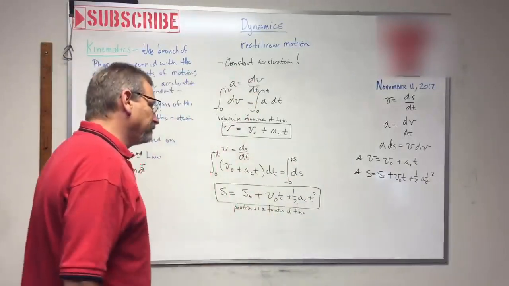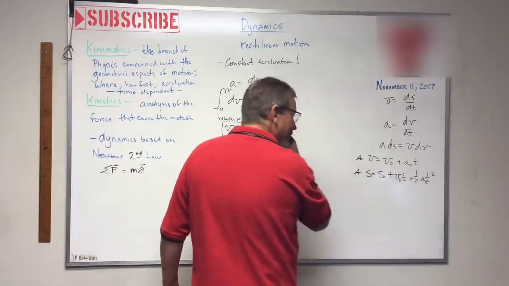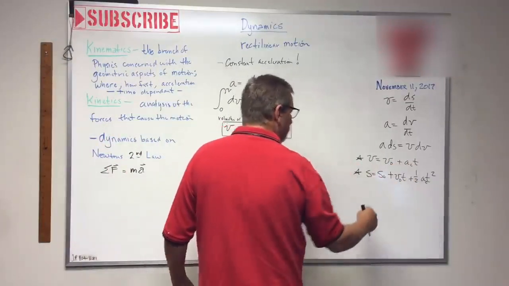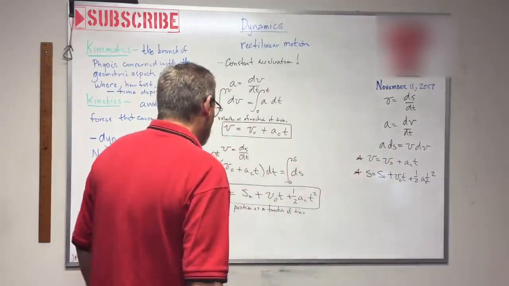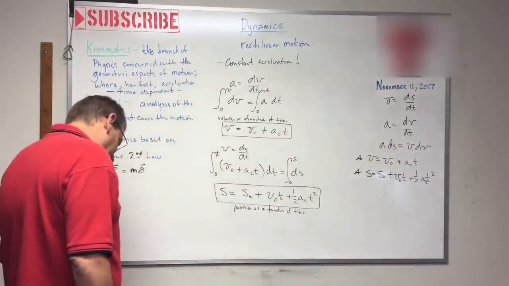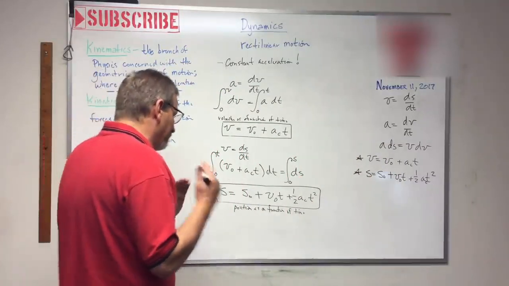Now from that, if I take this equation here and I solve it for t, and I take this equation here and I solve it for t, and I plug that equation in for that equation for t, I can get one more thing, and that would be the final equation. It would be velocity as a function of position.